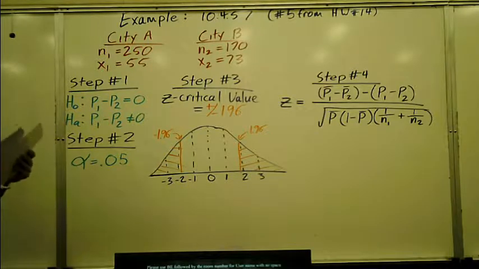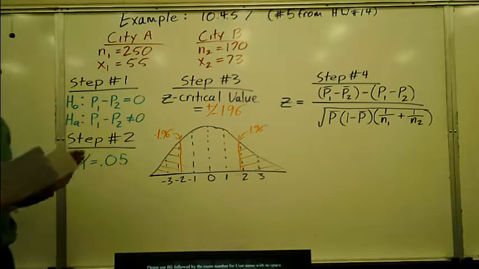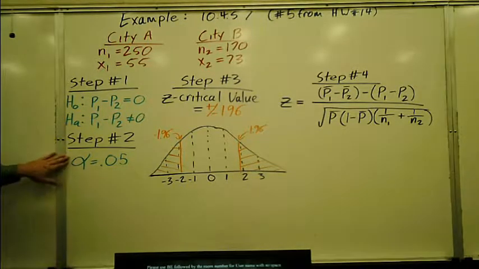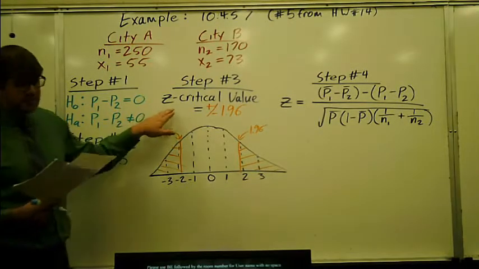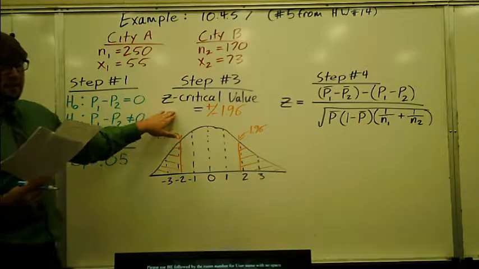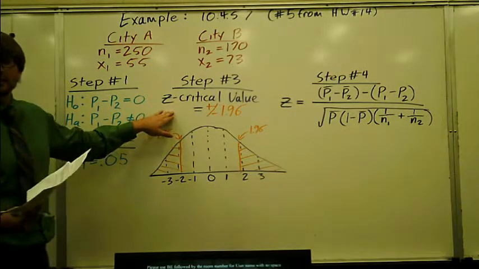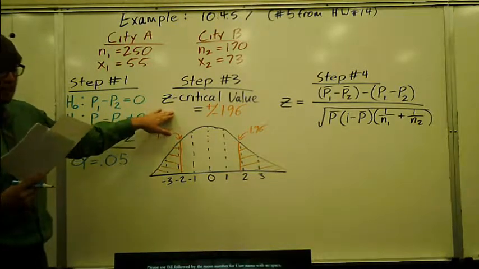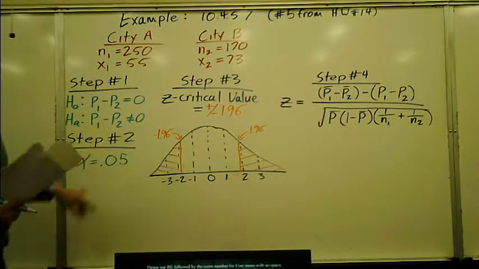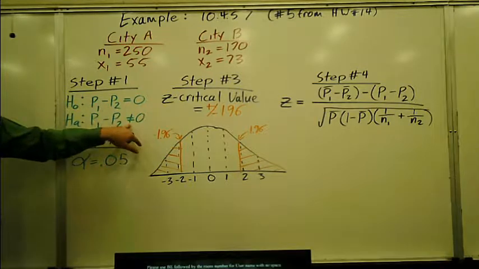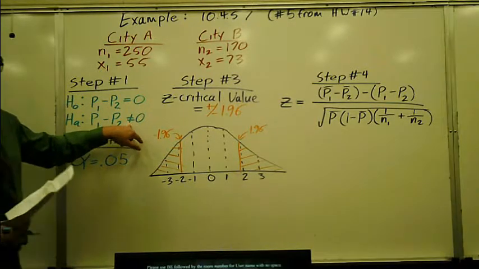Next up, we want to specify a significance level. Again, we were told in the problem statement that the significance level was 0.05. Step number 3, we want to identify our critical z-value. Again, it's a z-value in this situation, not a t-value. And identify a rejection region. Now, because we have an equal to, not equal in the hypotheses, this is going to be a two-tailed test.